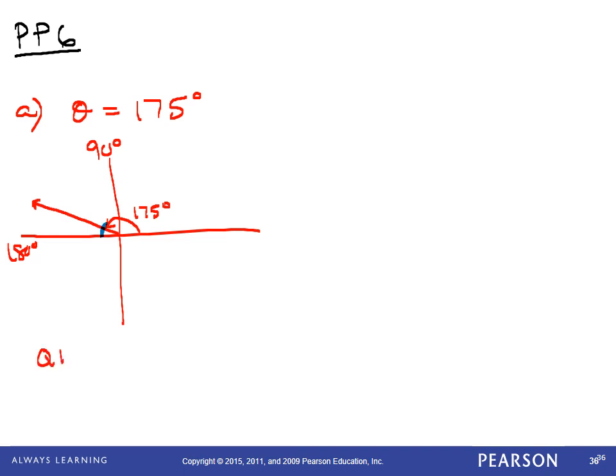Yes, we are 5 degrees away from 180. We could just put 5, but if you want to do the algebra method, we pick the formula we need. So in quadrant 2, it's 180 minus theta. In this case, 180 minus 175, which would give us, again, 5 degrees.